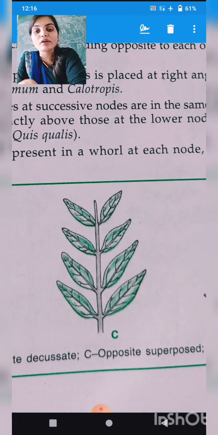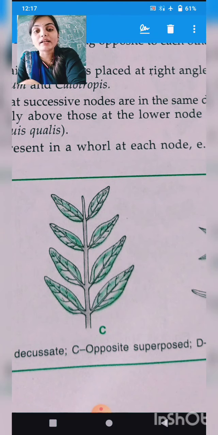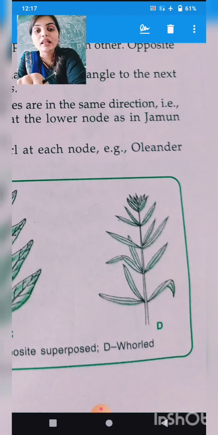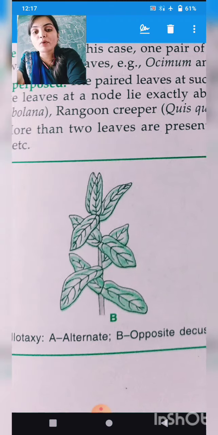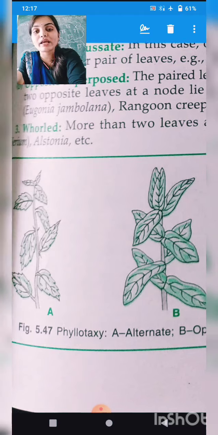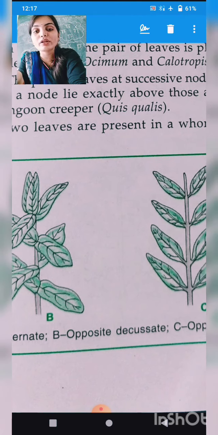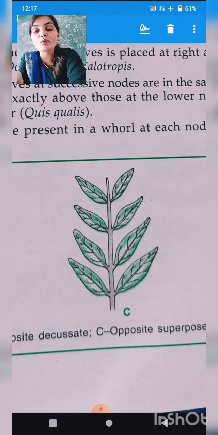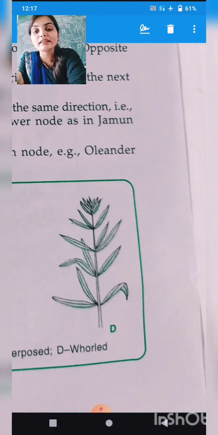In the third one you can see the leaves are on opposite sides but in a fixed way, in the same line. And in the last one you can see that at the same position leaves are arranged in different directions. So the first type is known as alternate, the B type is opposite decussate, then opposite superposed, and then whorled.